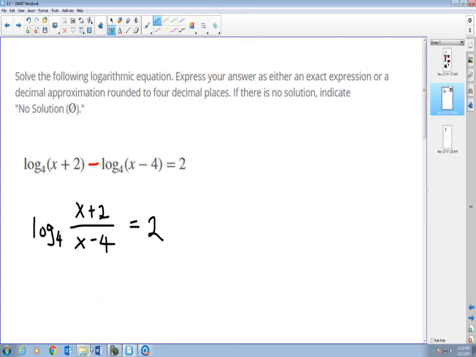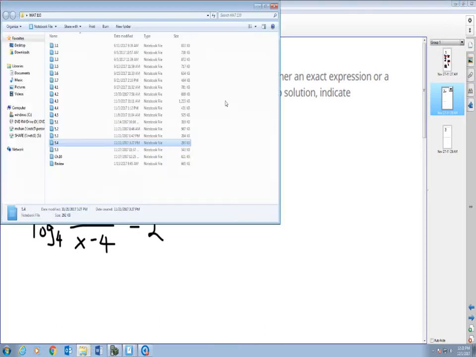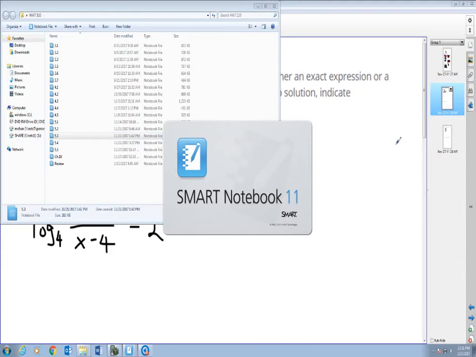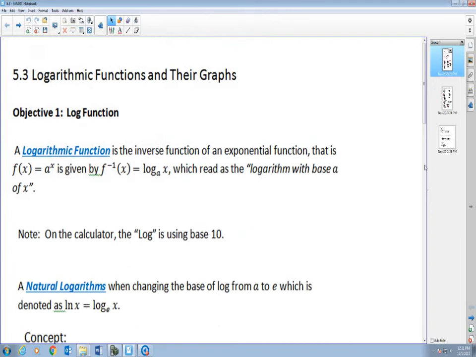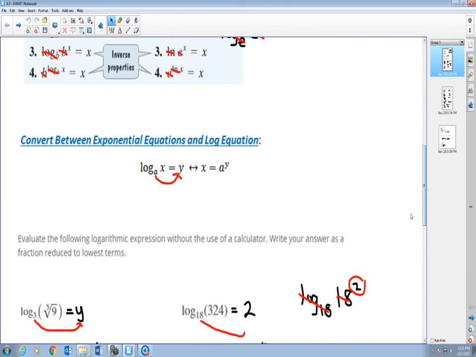What I want to see is one term with a log and another term without. When we talk about conversion between exponential equations and log equations, one thing I did not mention is that when there are two terms but only one of them has a logarithm, I can convert my logarithm into exponential.